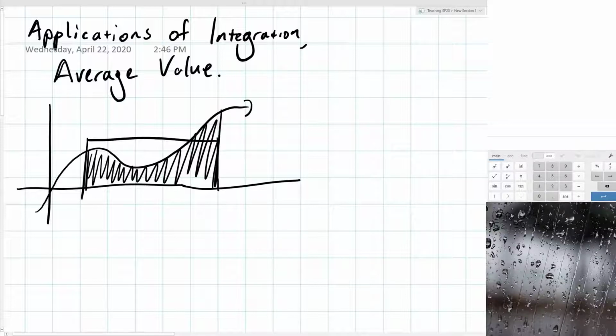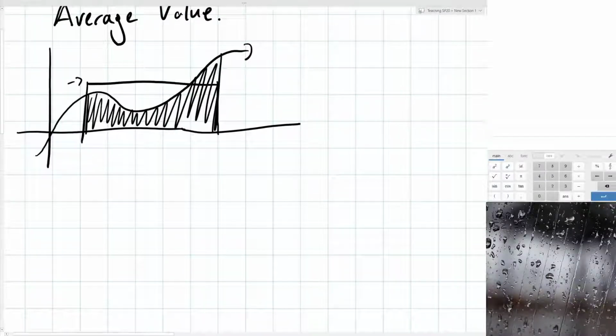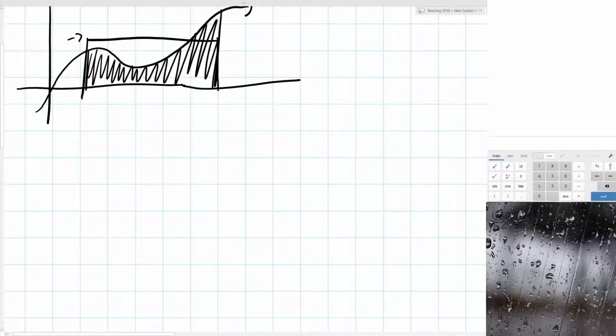And if that rectangle has the same area, then the height of the rectangle is going to give us the average value for the function. So basically we find the area beneath the function.